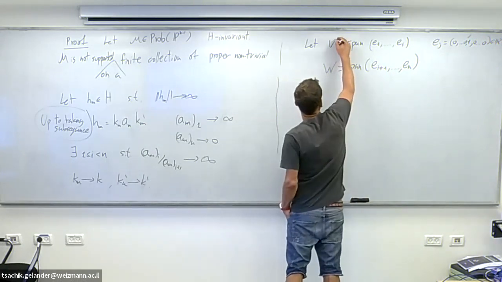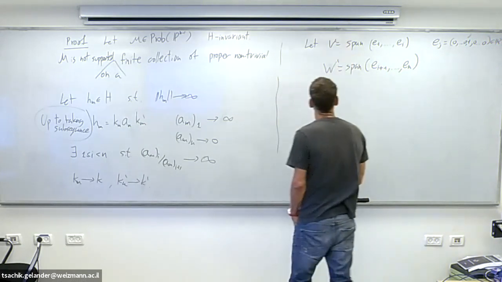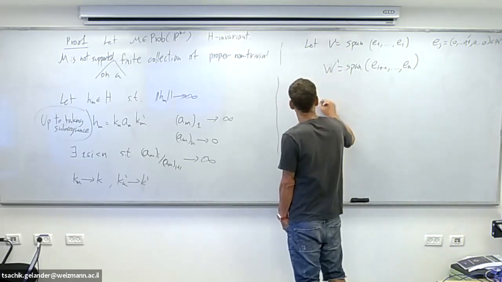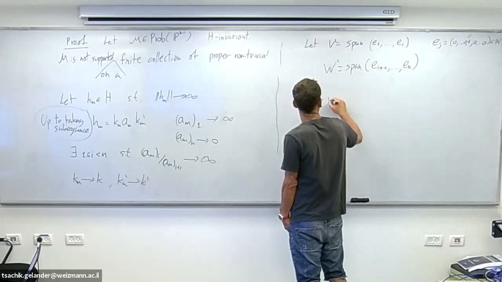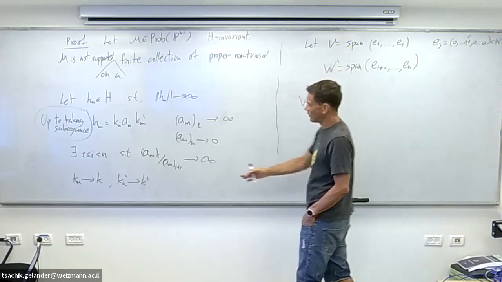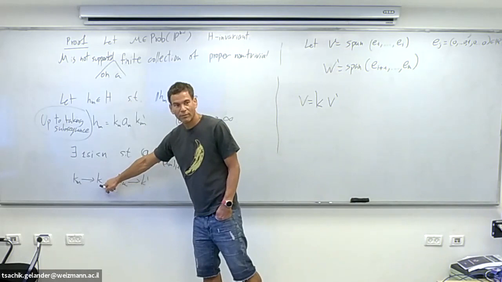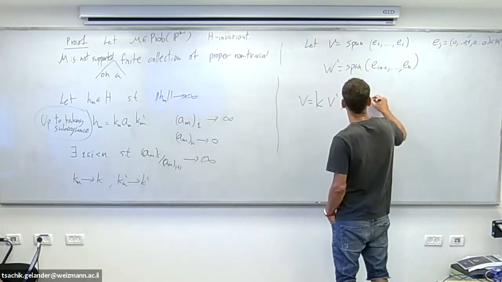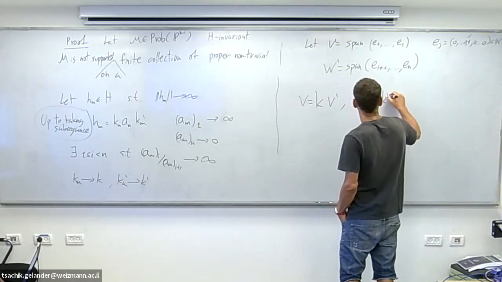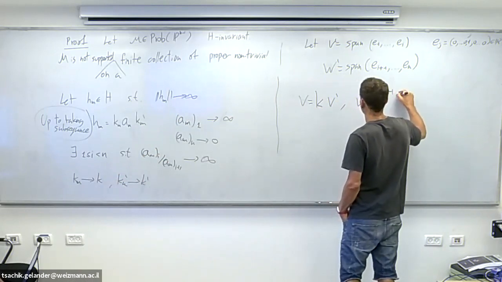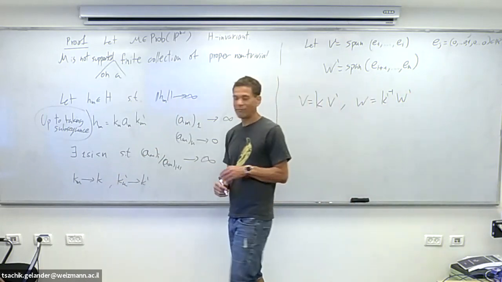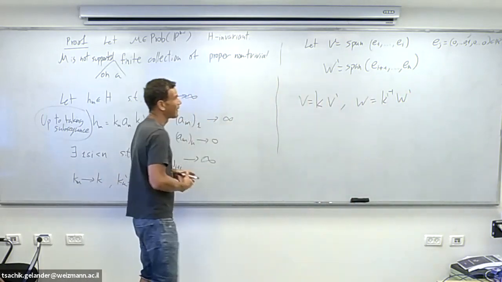So let's actually call them V prime and W prime, and let V be K times V prime, where K is this limit, and W be K prime inverse of W prime. So confusing with all the primes.